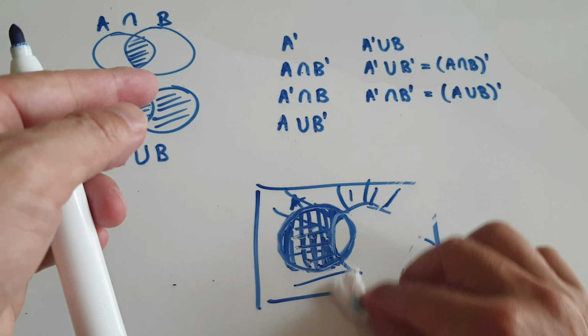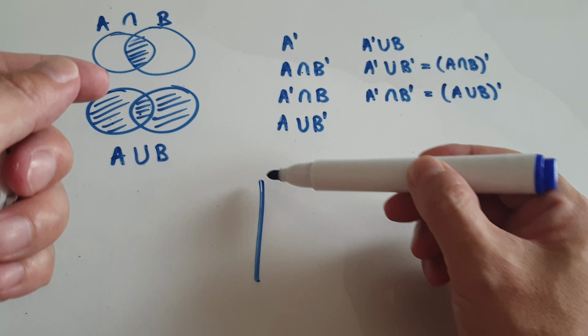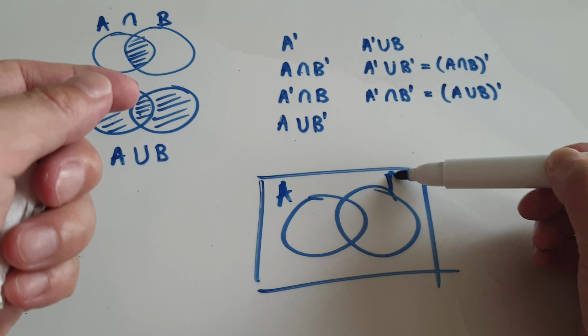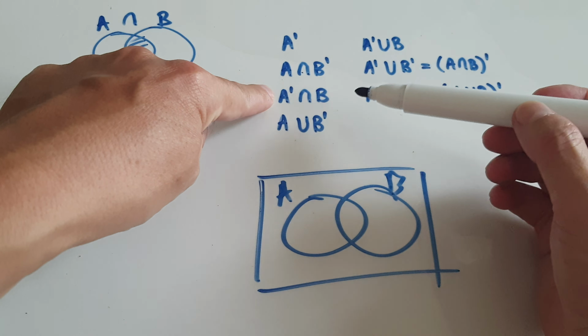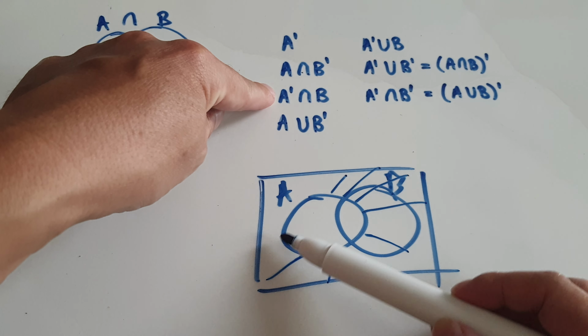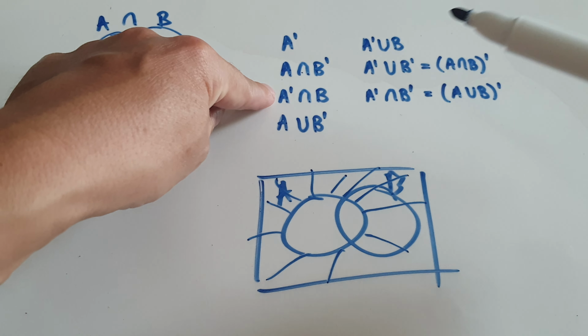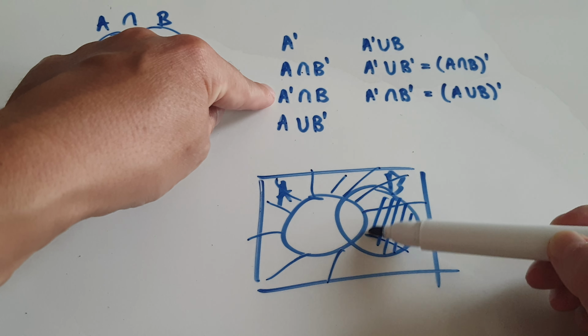So now let's look at the third one. So you've got two sets, A and B, and this one is not A and B. So not A, in your mind picture everything on the outside of A, and it must be B, it must be inside B. So inside B would really mean this region here.